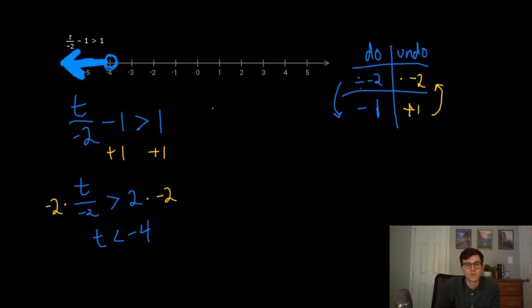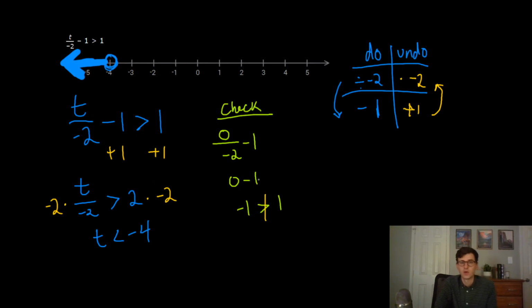So here we go. 0 divided by negative 2 minus 1 is 0 minus 1, or negative 1. And negative 1 is not greater than 1.